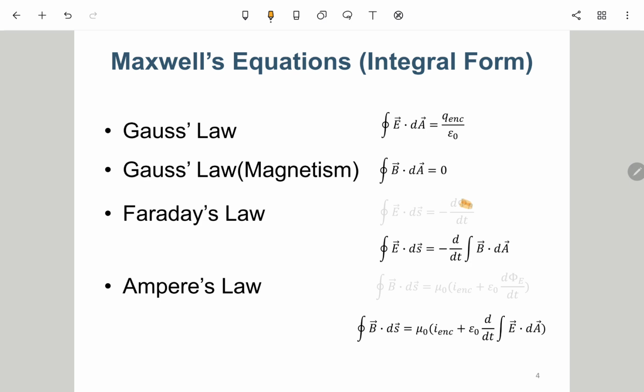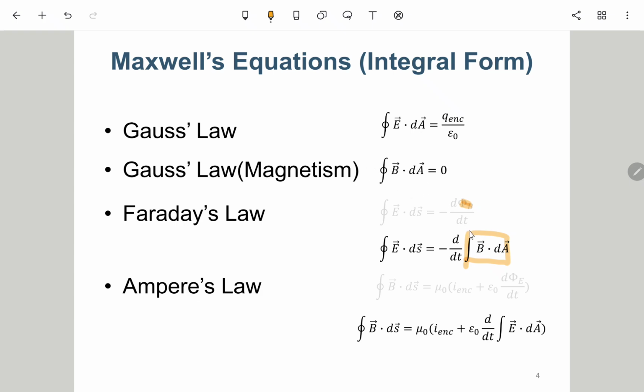This phi B can be written as this surface integral. Of course, it is just a surface enclosed by an Amperean loop. So this is not a closed surface. We don't have a circle on the right side. So this is different from this one.